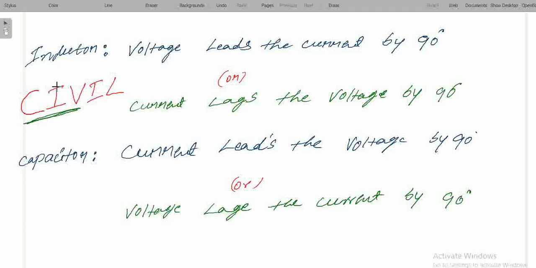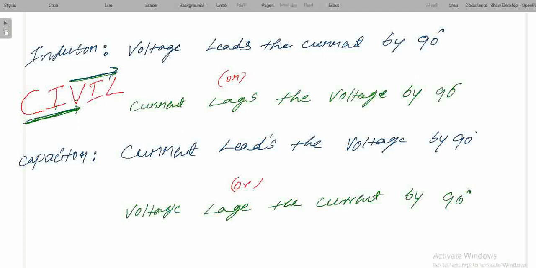Current is ahead as compared to our voltage. So we can say that for capacitor, current leads the voltage. For inductor, consider the last three letters. Here the voltage is first, then current, so voltage leads the current for inductor.